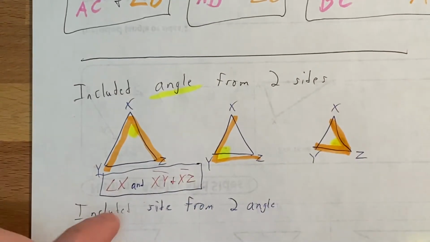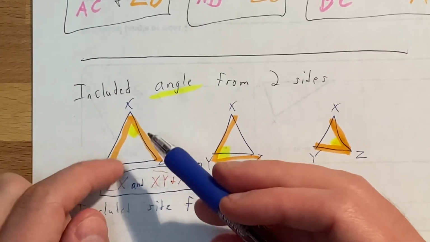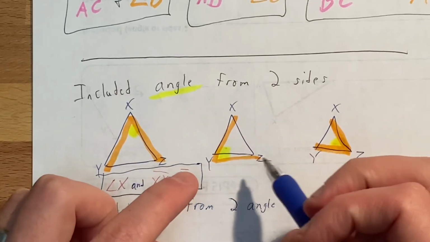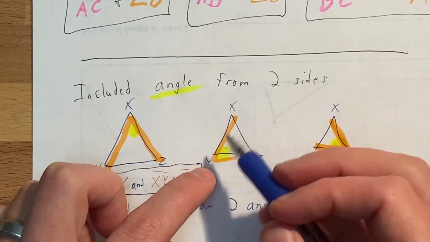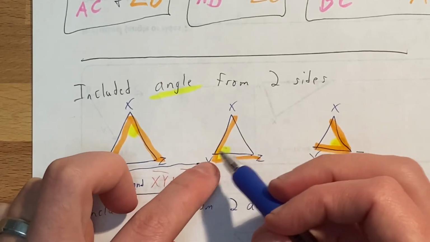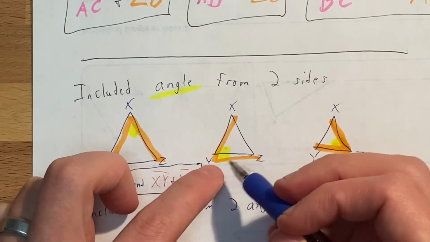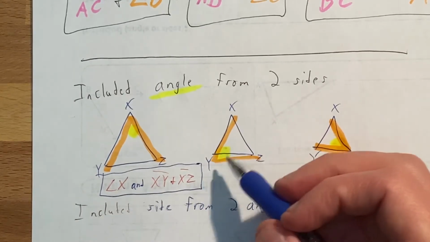And same thing, it can be asked either way, like given these two line segments, what's the included angle? Or if Y is the included angle, then what are the two sides? Now, that's less common, but it does happen. If you have angle Y, what are its two adjacent sides? It would say that. Or what is the included angle of? And you'd say those two sides.